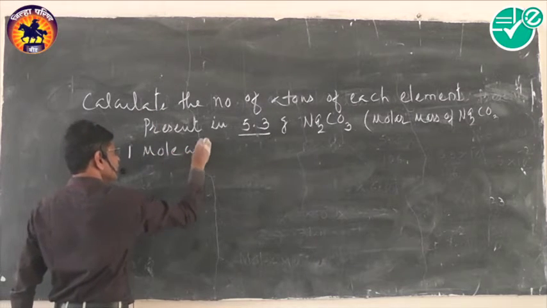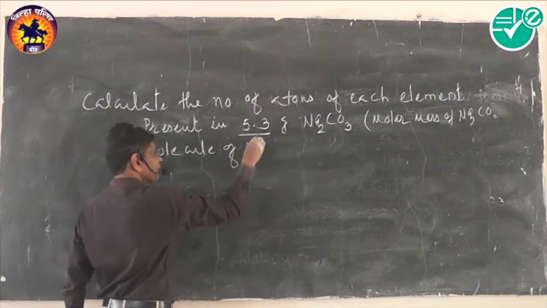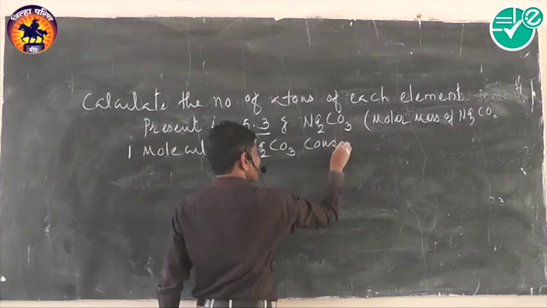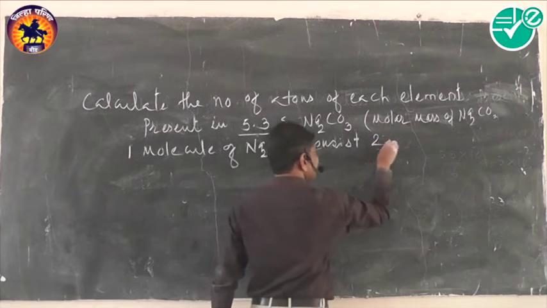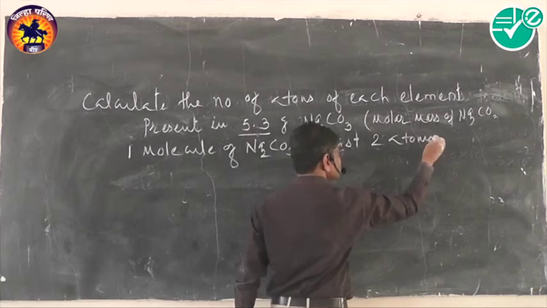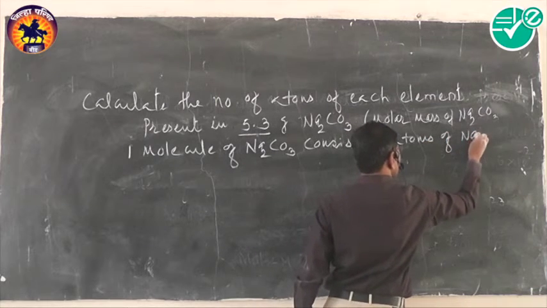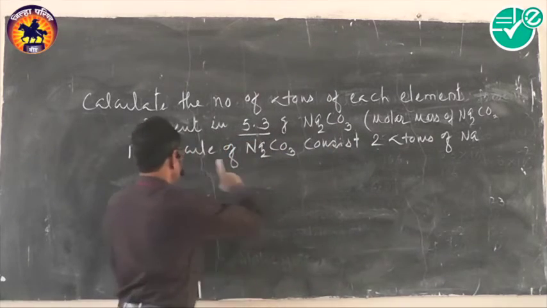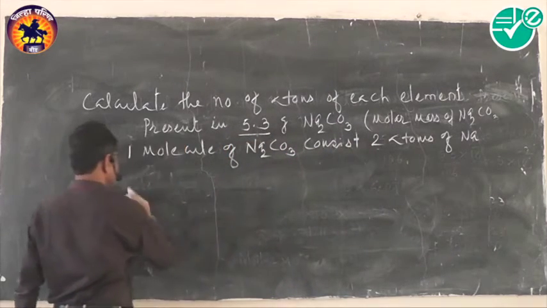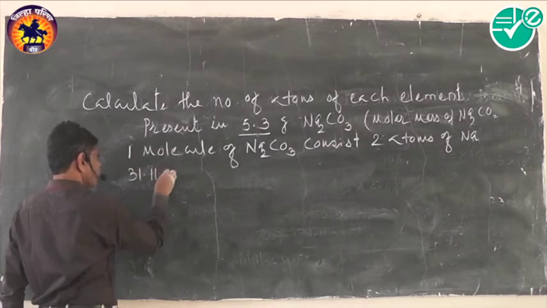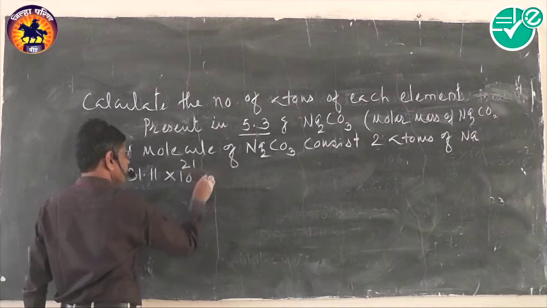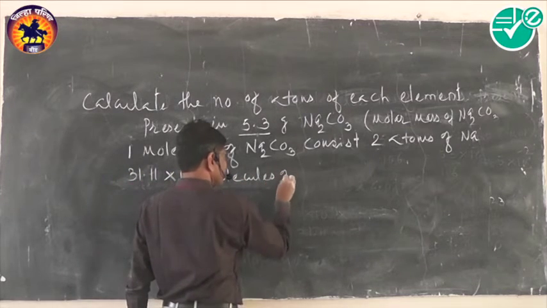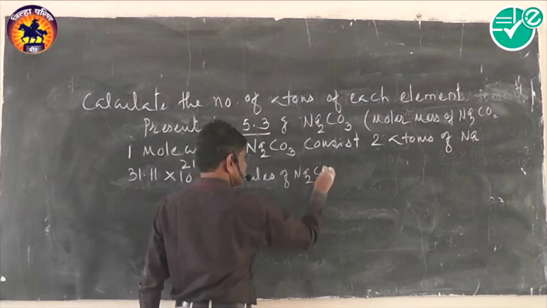One molecule of sodium carbonate consists of 2 atoms of sodium, because the molecular formula is Na2CO3. Now one molecule corresponds to 2 atoms. Then 31.11 into 10 raised to 21 molecules of sodium carbonate correspond to how much?